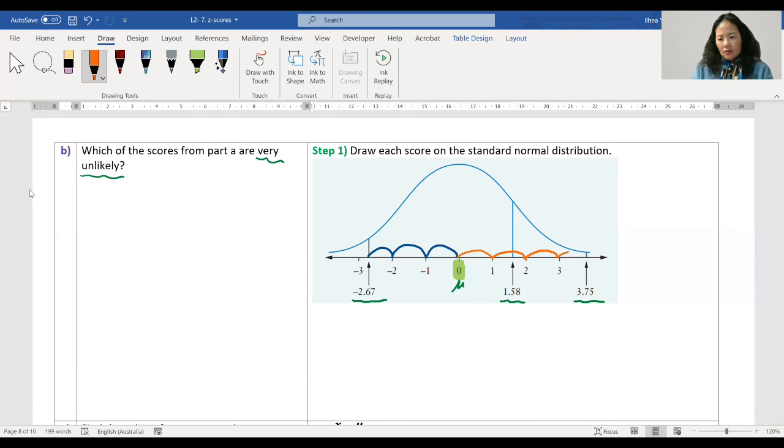Okay, so obviously the further away from the mean, the more extreme, isn't it? So we can say 3.75.